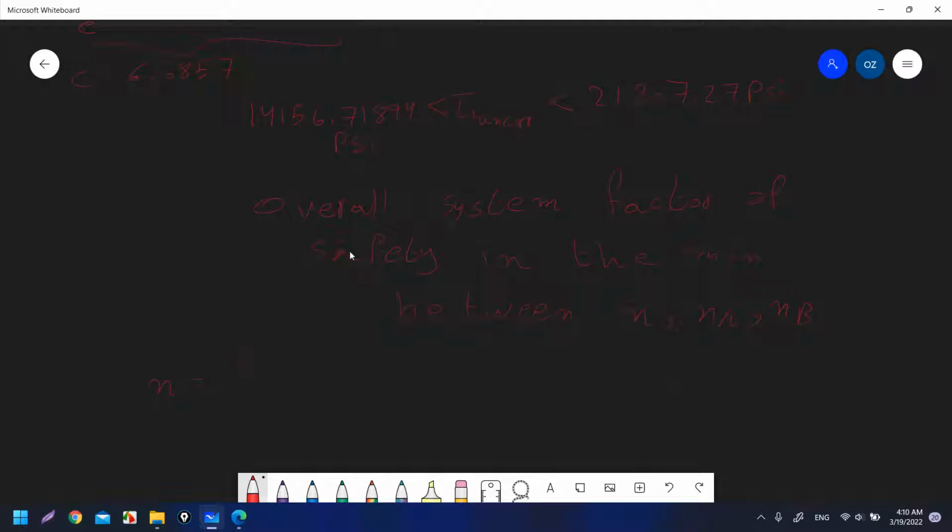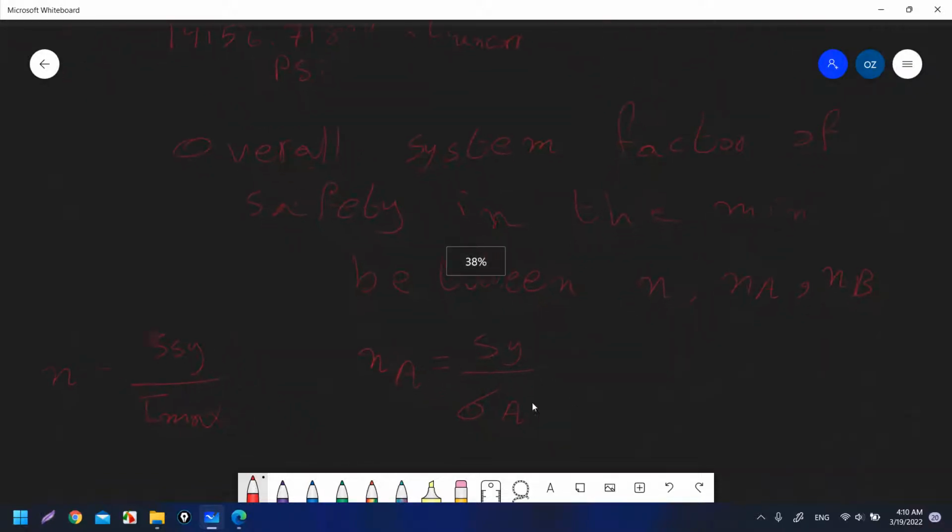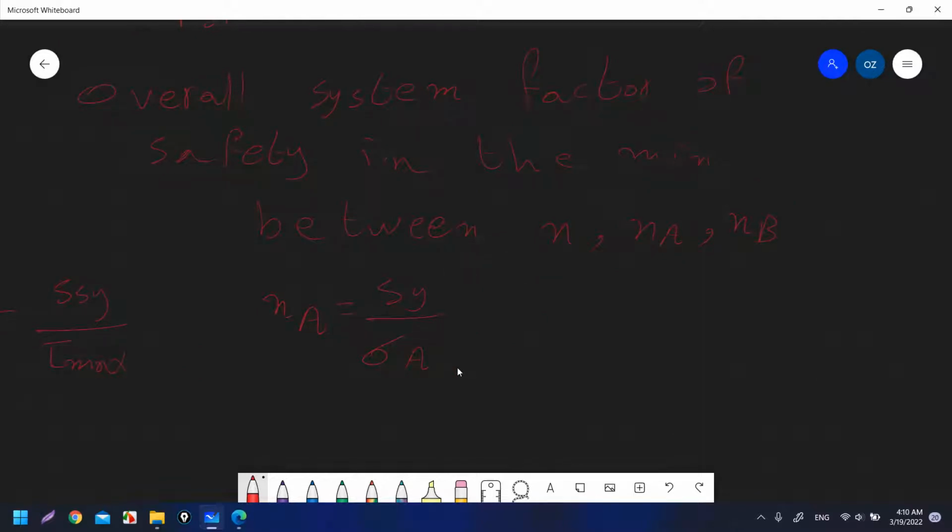N is equal to SSY over tau max. We compare the shear stress to the torsional shear strength, and for NA at point A we compare the yield strength with sigma A, the combination of the bending and normal stress. And NB is equal to SSY at point B, the shear yield strength at point B, over the shear stress at point B.